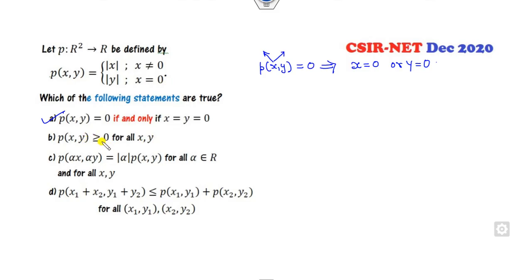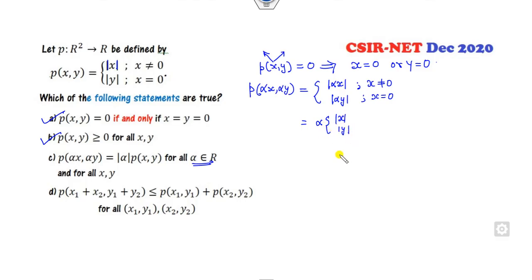P of x comma y is greater than or equal to 0. Because of this modulus value, it is obvious that it's greater than or equal to 0. P of alpha x comma alpha y, where alpha is in R, so it is alpha x and alpha y. Depending upon whether x is non-zero or x is 0, it is written as mod alpha times P of x comma y.